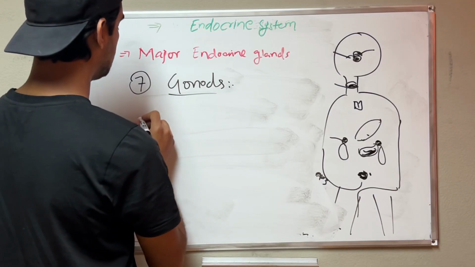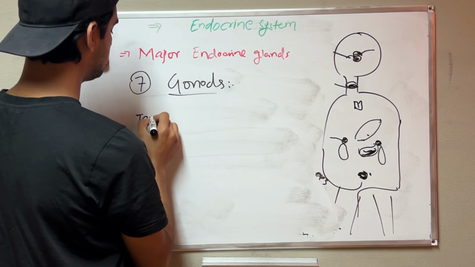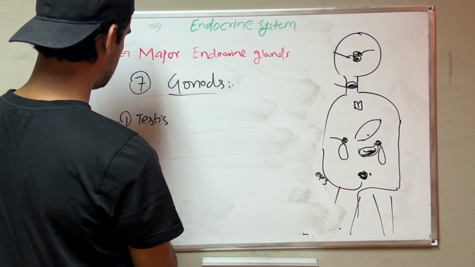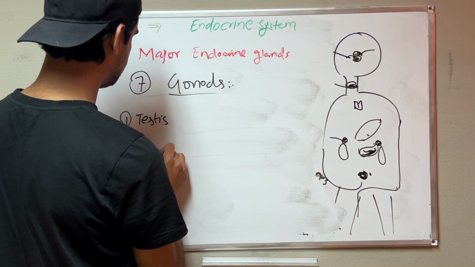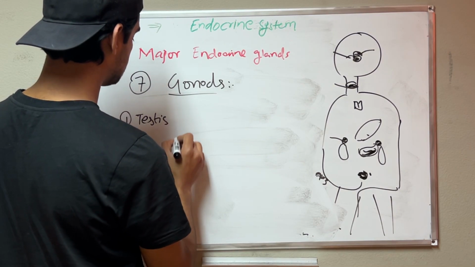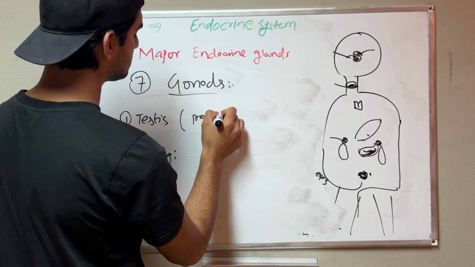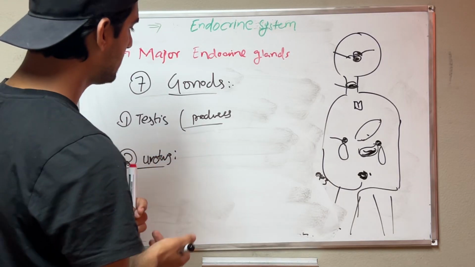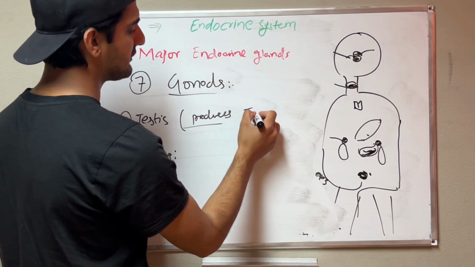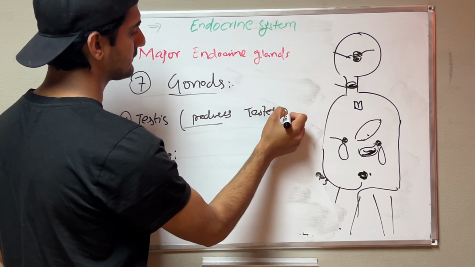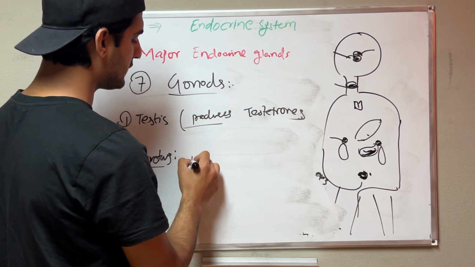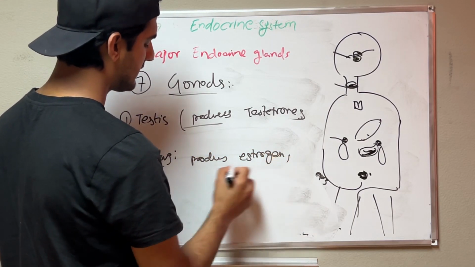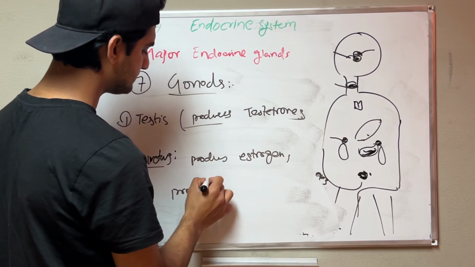The gonads are of two types, testes and ovaries. The testes, whose location is very simple, in the hypogastric region, produce testosterone, and the ovaries produce estrogen and progesterone.